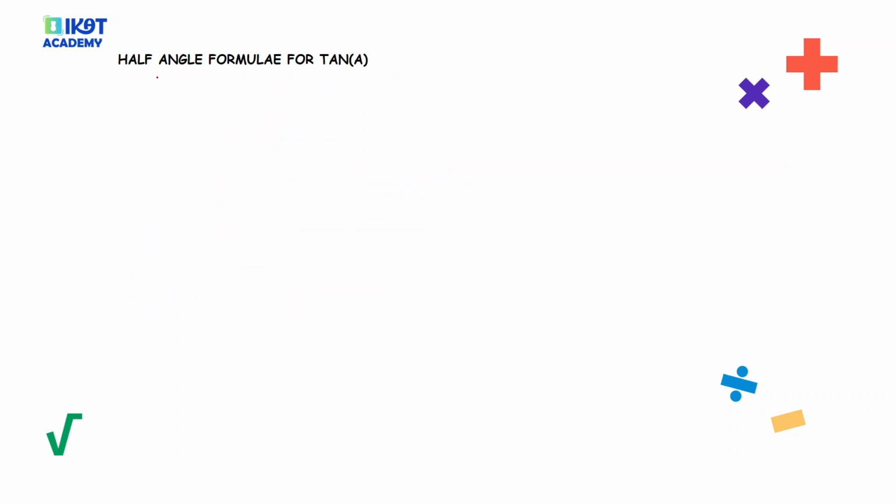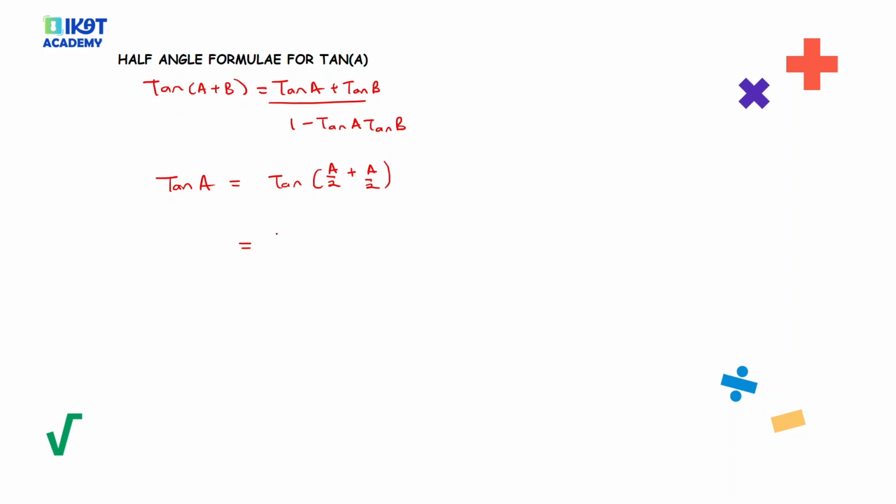Then we'll go to the half angle formula for tan A. So you remember what was tan A plus B. This was tan A plus tan B over 1 minus tan A tan B. So we say tan A is going to be the same as tan A/2 plus A/2.